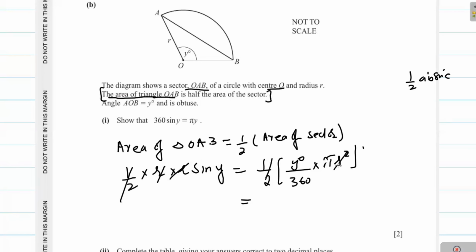R square will be cancelled. Therefore, we get sine y equal to y over 360 pi, and 360 shifts from right to left side. This becomes 360 sine y equal to pi y. And this is the proof and this is the equation we have to prove.